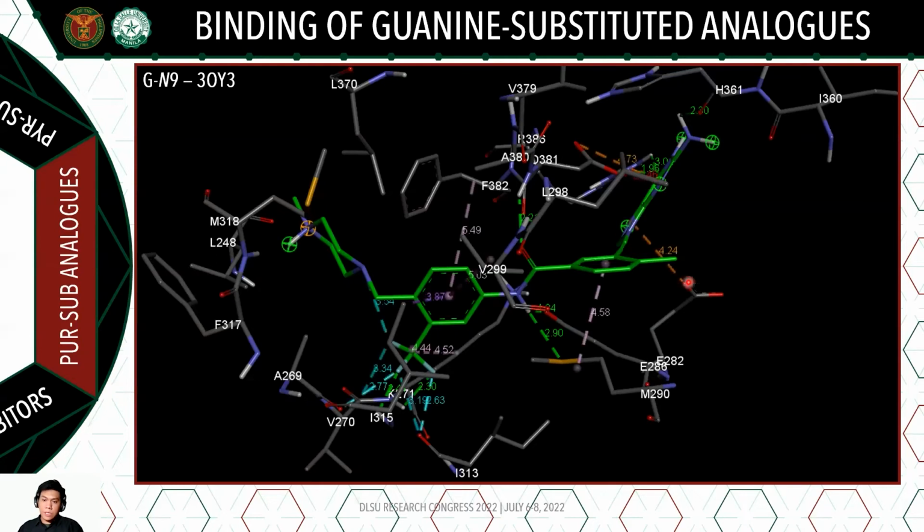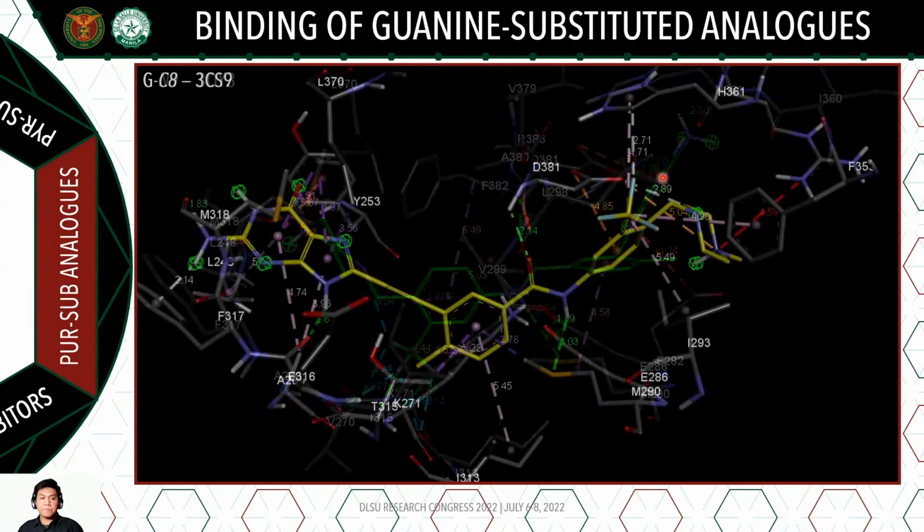You can also see pi and ion interactions with E282 and D381. However, there is also a possible repulsive interaction with the guanidino group and the possible hydrogen bond donor in guanine.